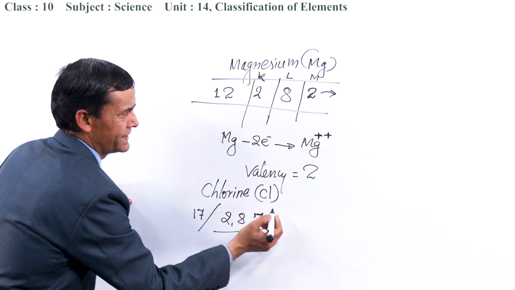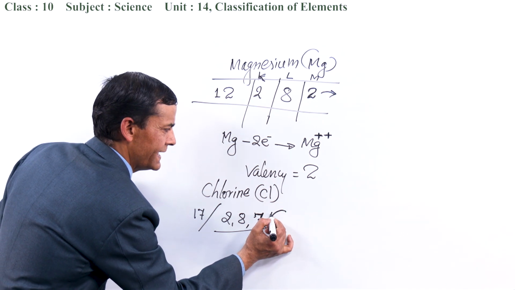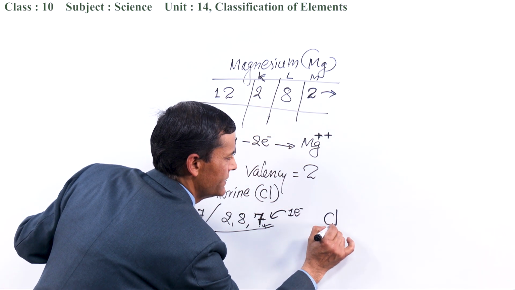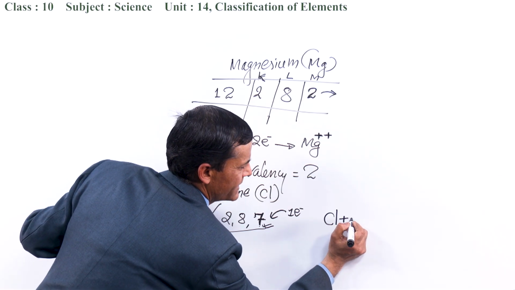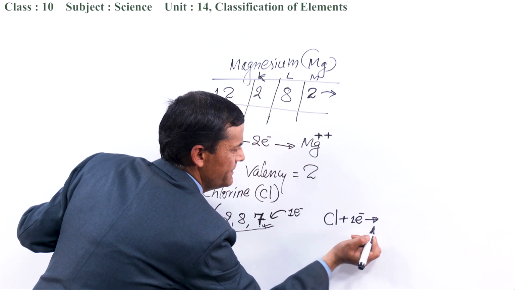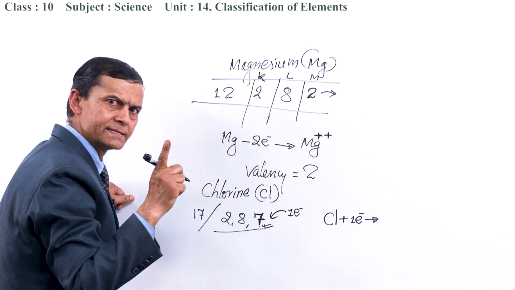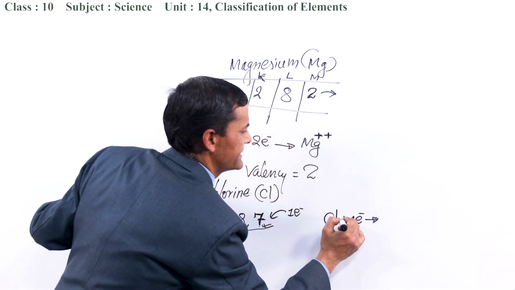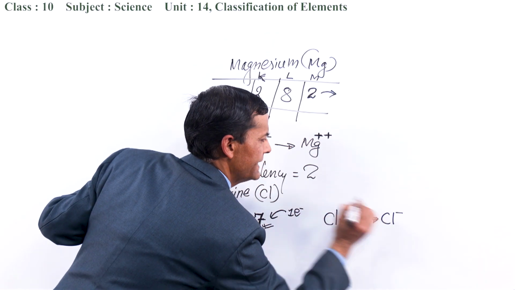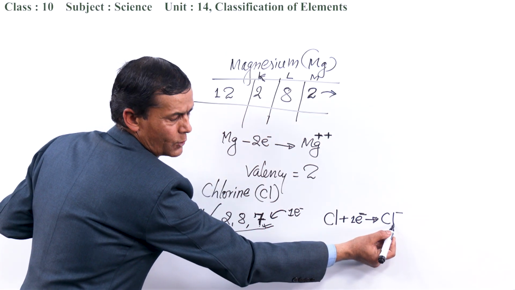According to the nature of chlorine, how many electrons does chlorine gain? 1 electron. So if a chlorine atom gains 1 electron, does it gain positive charge or negative charge? Yes, negative charge. So it will be chlorine with a negative charge. This is which ion? Chloride ion.